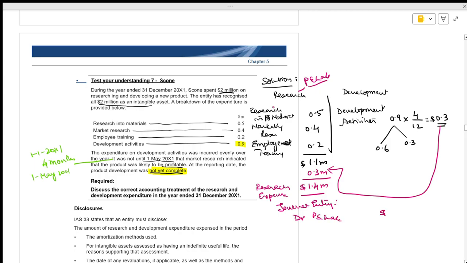Debit is the profit and loss account, 1.4 million. Credit will be intangible assets.